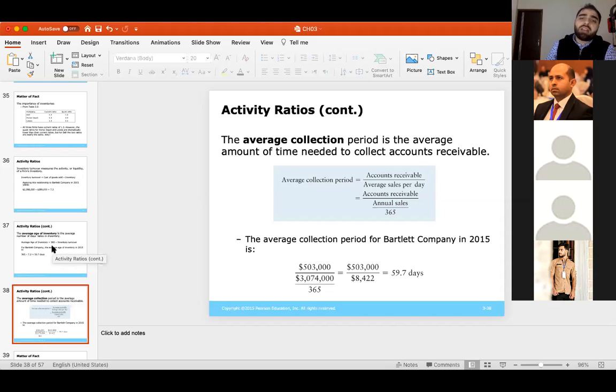And we can collect the data for accounts receivable from the balance sheet. Again, it's one of the components of the current assets.